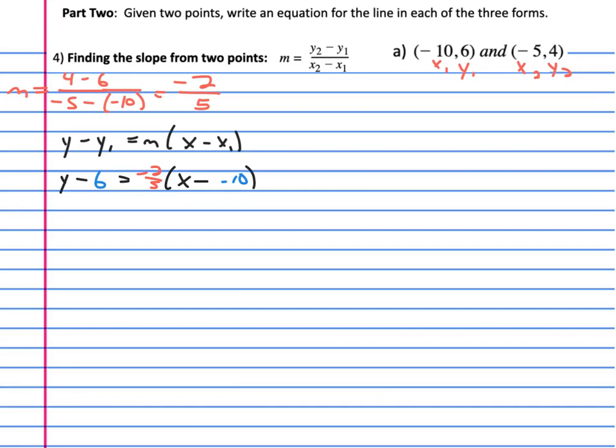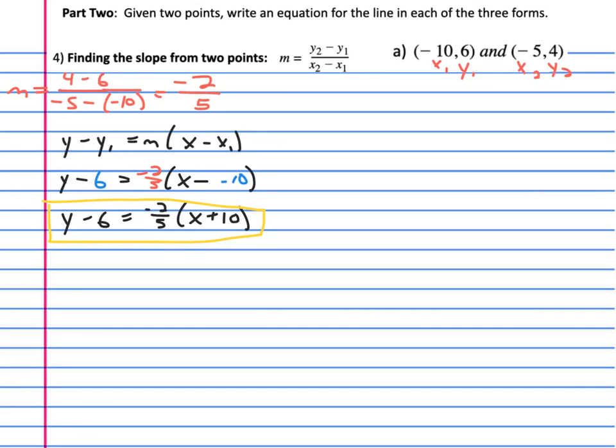Okay? And therefore, when we simplify this, y minus 6 equals negative 2/5, parentheses x plus 10. And I'll box that because that is the first of our 3 answers. This is in point slope form.